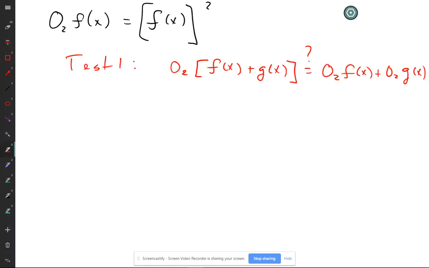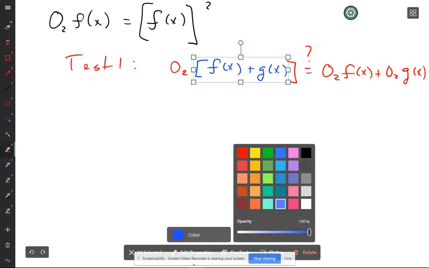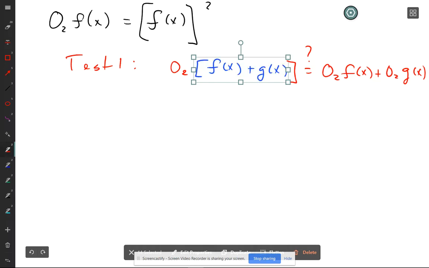So what will I get when this operator 2 acts on f of x plus g of x? F of x plus g of x in brackets, all of that squared.